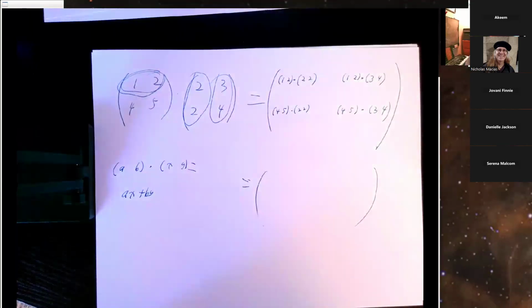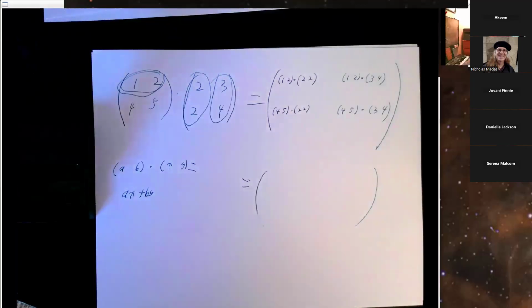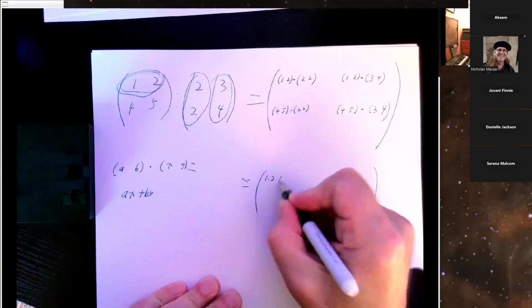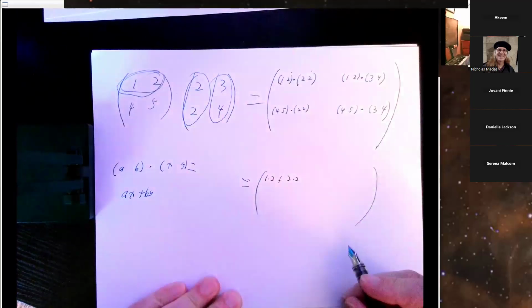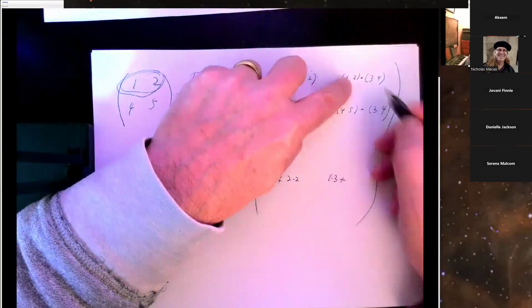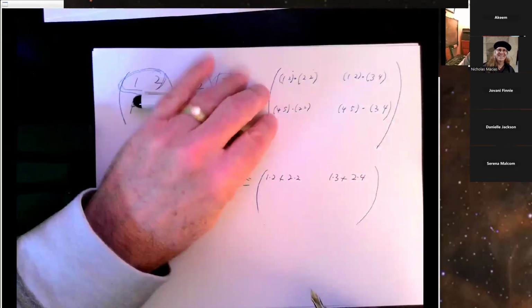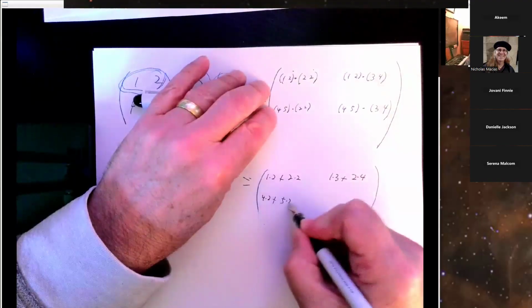So in this case, what we would get is the following. 1 times 2 plus 2 times 2. So multiply the first, multiply the seconds, and add them. Here we're going to multiply the first, 1 times 3, multiply the seconds, 2 times 4. Here we're going to multiply the first, 4 times 2 plus 5 times 2.